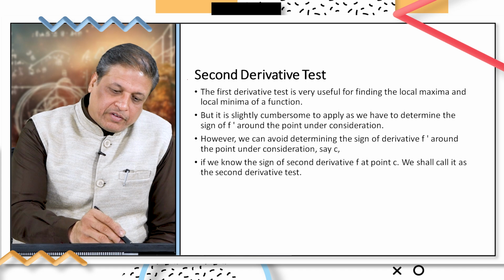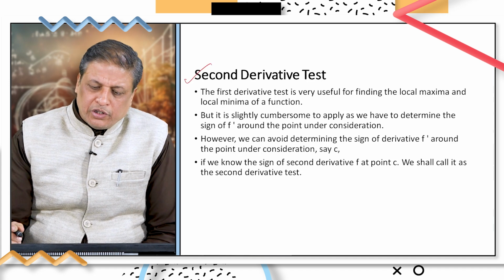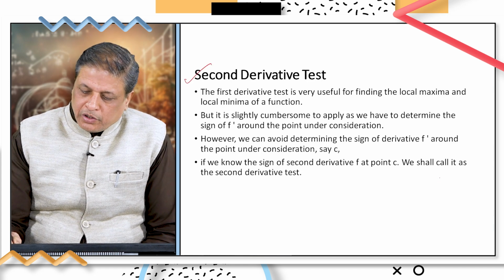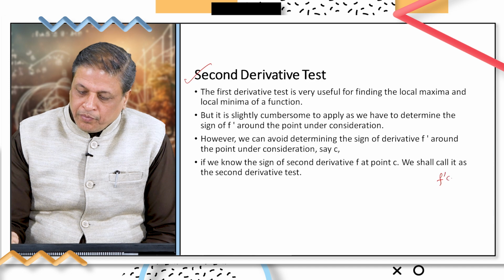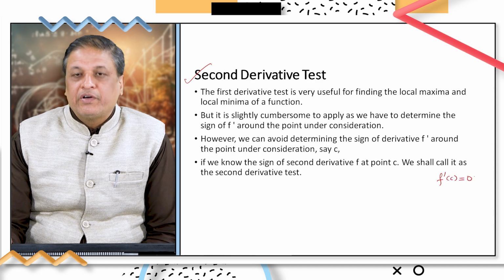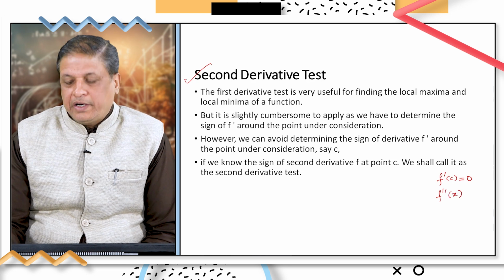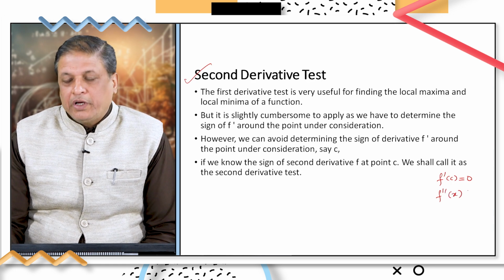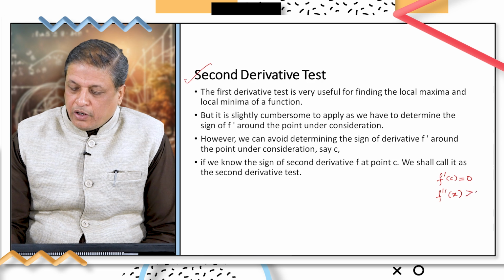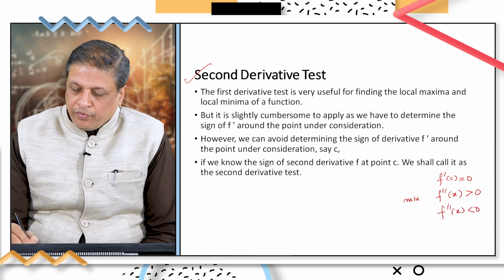What the second derivative test says is that it is useful when we simplify the critical point by substituting f dash c equal to 0 and then simply verifying the sign of the second derivative. To be specific, if the second derivative turns out to be greater than 0, then it is the minima, and if it turns out to be less than 0, then it is the maximum value.